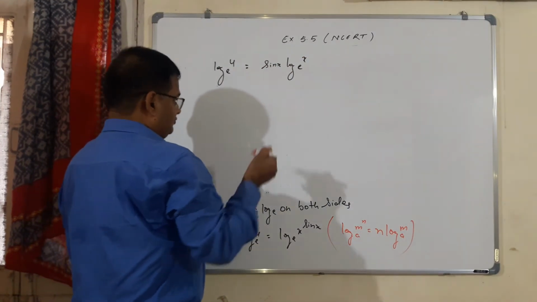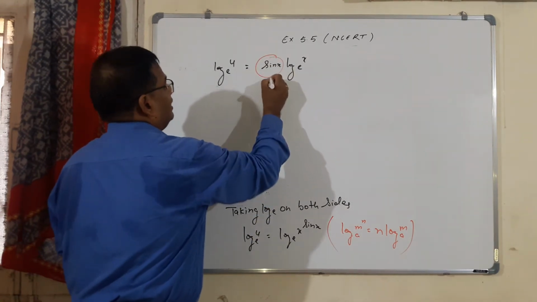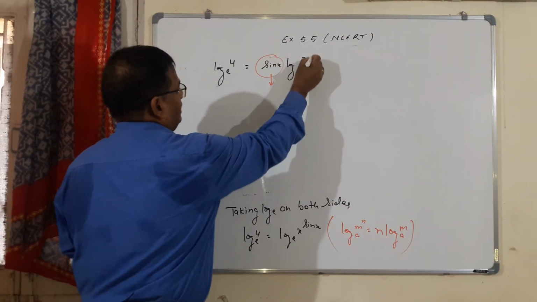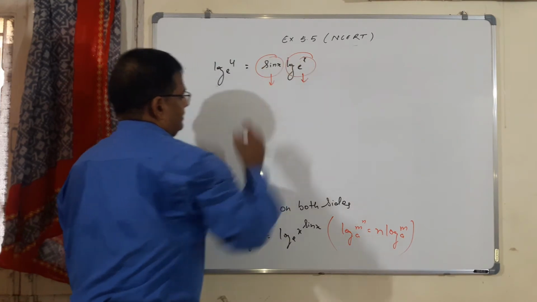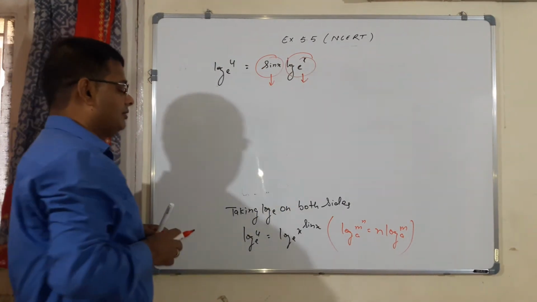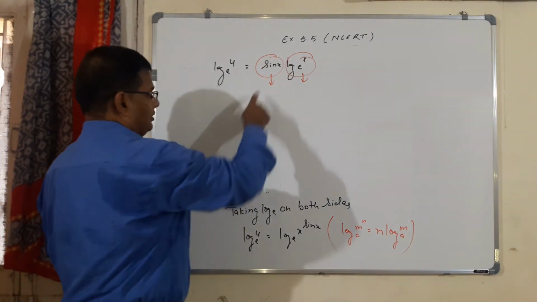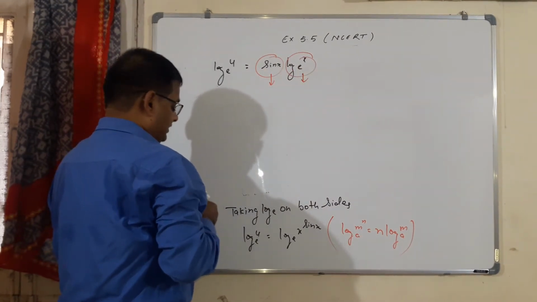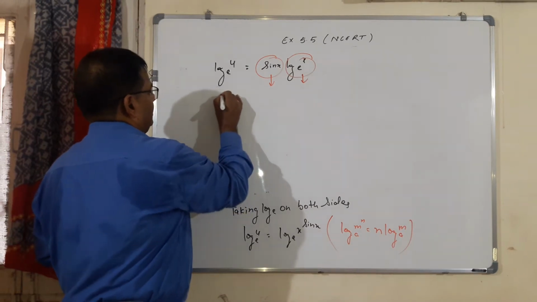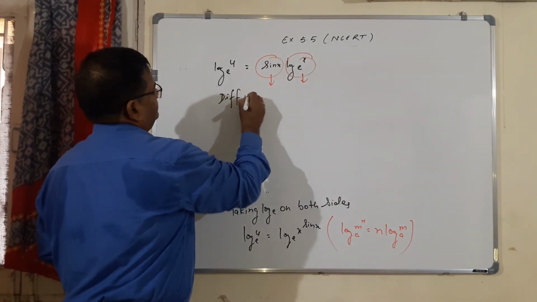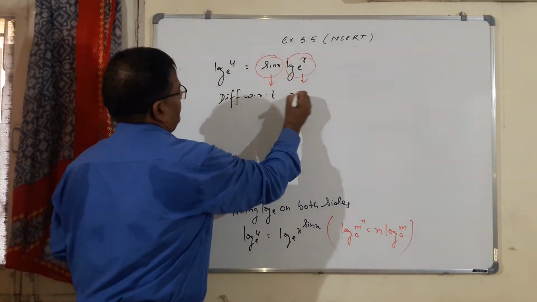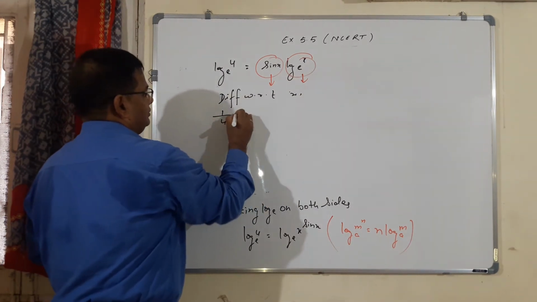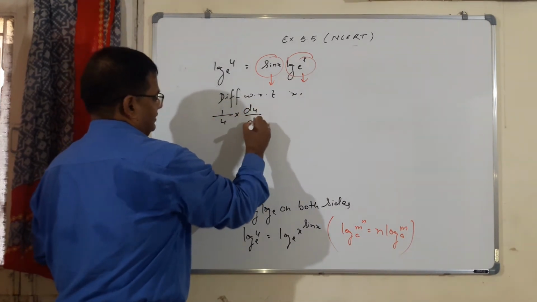Suppose this one is u and this one is v. Apply the product rule. So differentiating with respect to x, 1 by u into du by dx.